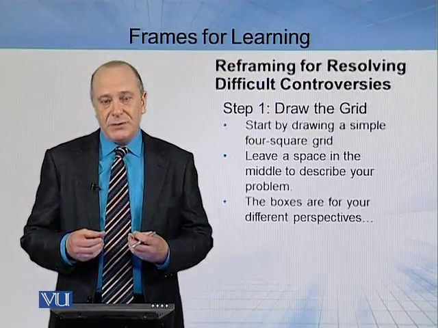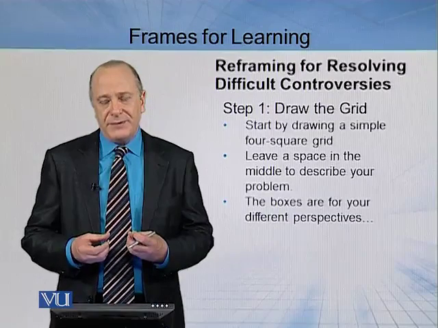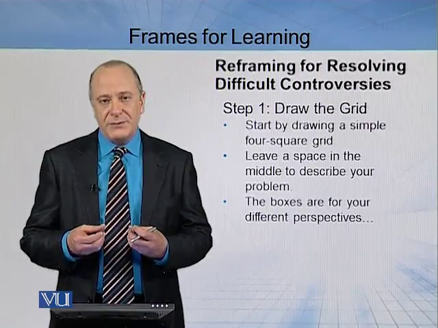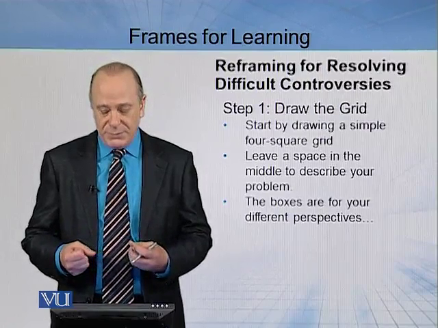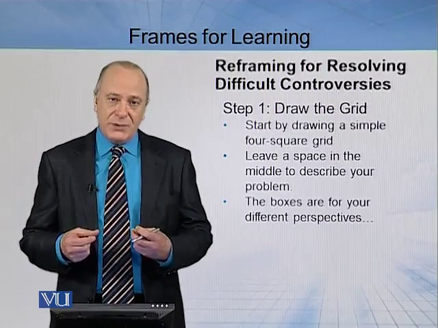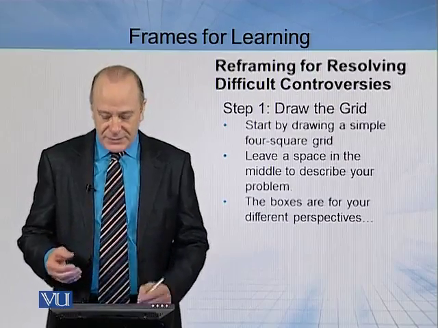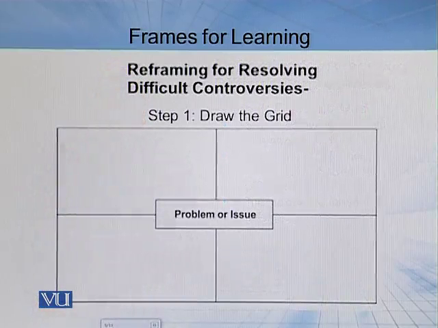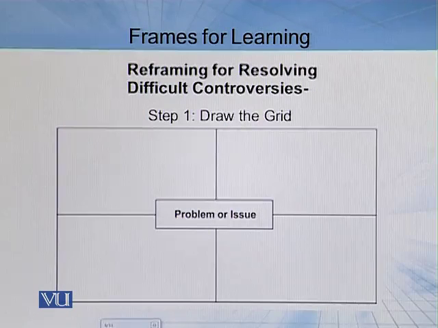In terms of looking at perspectives, this is a very simple way for us to focus our attention on particular aspects of a problem. And in the 4-square grid, we will have 4 boxes, and what we can do is actually use the 4 boxes to focus our attention on particular perspectives.